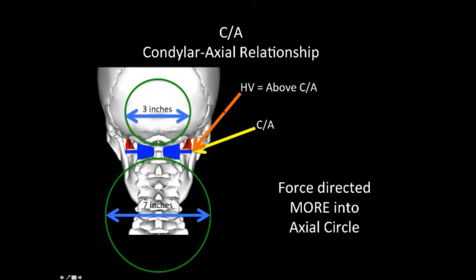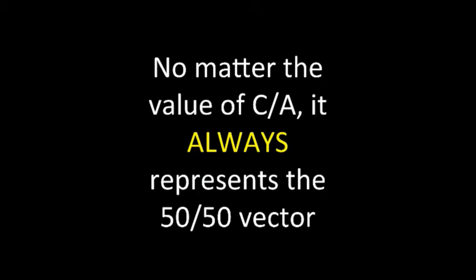So if the height vector is above the C over A, we're going to be distributing more of the force into the axial circle, and the further away from the C over A the height vector is, the more the force is going to be distributed into this axial circle. And this concept is fundamental for deriving and calculating the height vector for the NUCCA correction from the Nasium view.